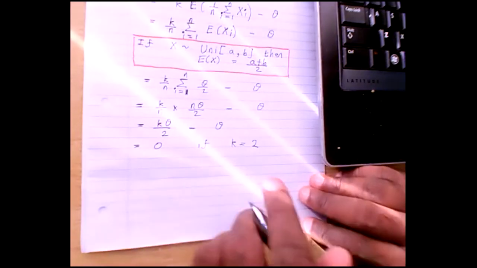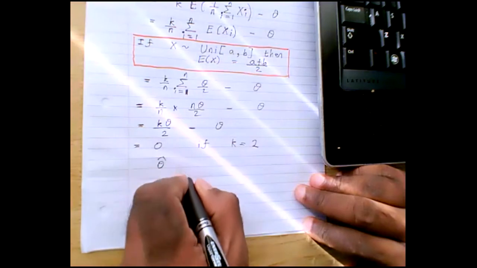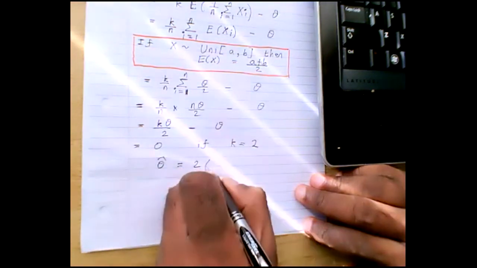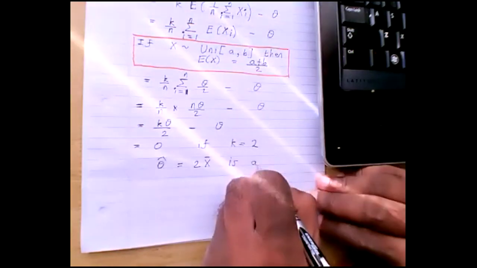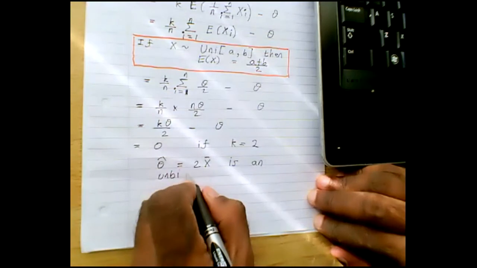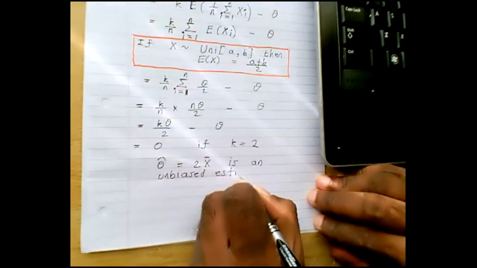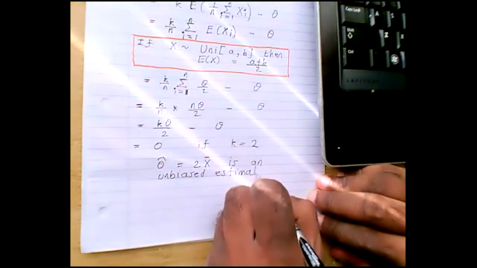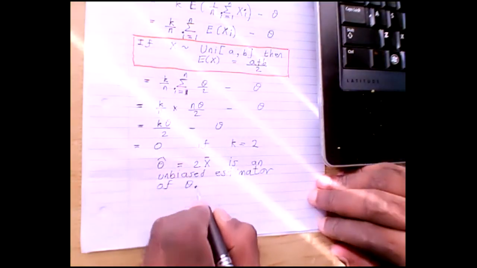All right, so what I'm saying is that the estimated theta hat with k equal to 2 is an unbiased estimator of theta. Okay, do you follow this, guys, so far?